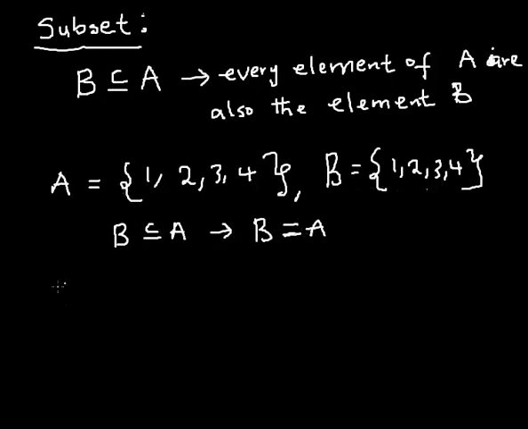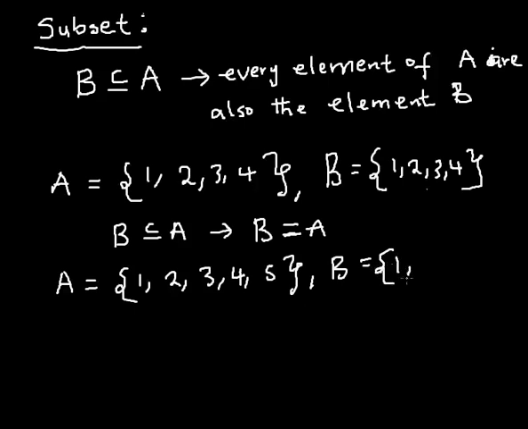But in a situation where A now has one more element than B, let's say I'm having 5 now, then of course B is going to be 1, 2, 3, 4.